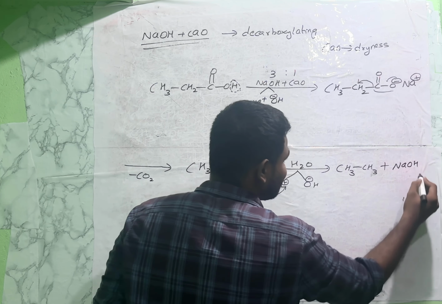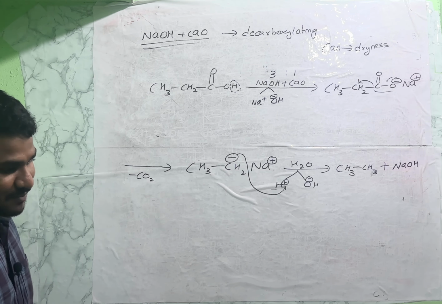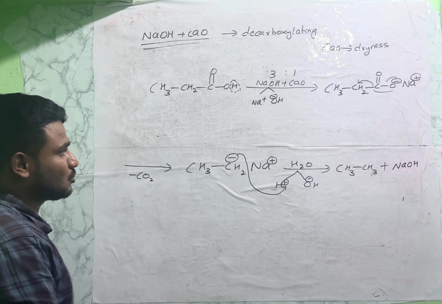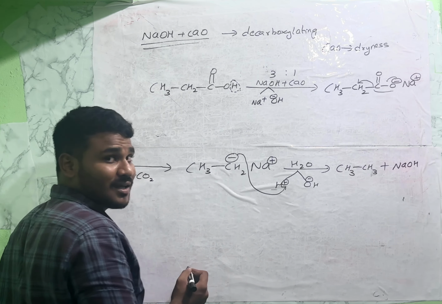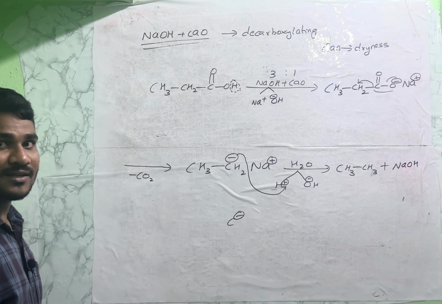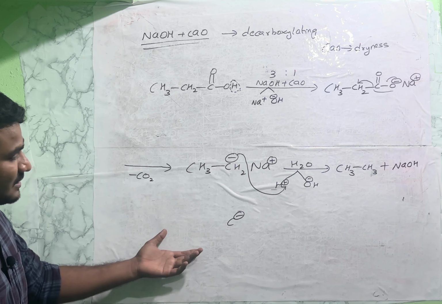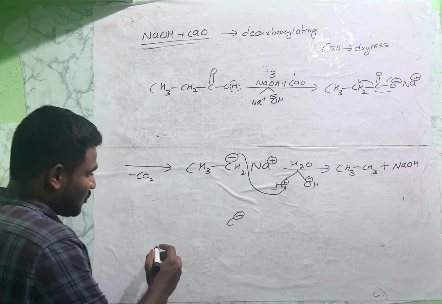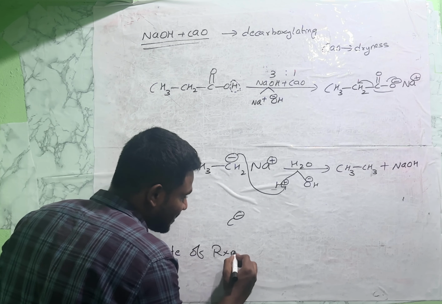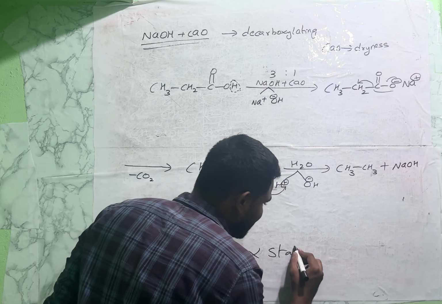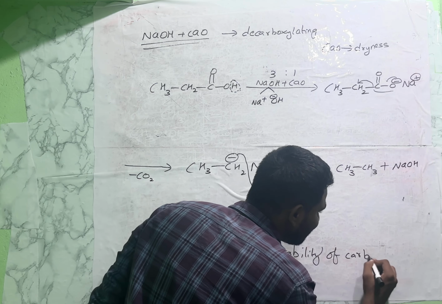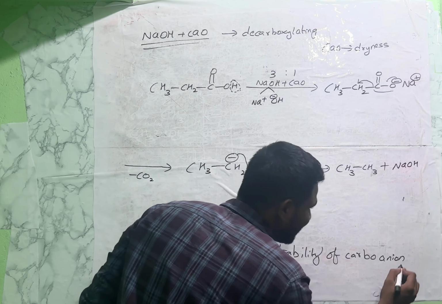Sodium hydroxide. If you see here, this reaction is proceeding through a carbanion intermediate, so the rate of reaction is directly proportional to the stability of the carbanion.